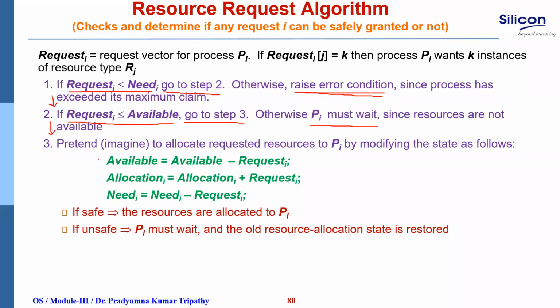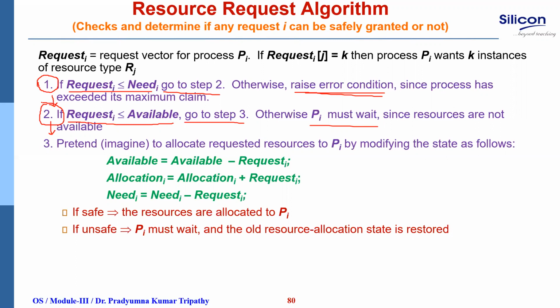Now see over here. Now suppose both of these conditions are satisfied: condition 1 and condition 2. The request is less than need, and request is also less than available. So there is scope to allocate. We'll pretend, meaning we'll assume that the resource is allocated.